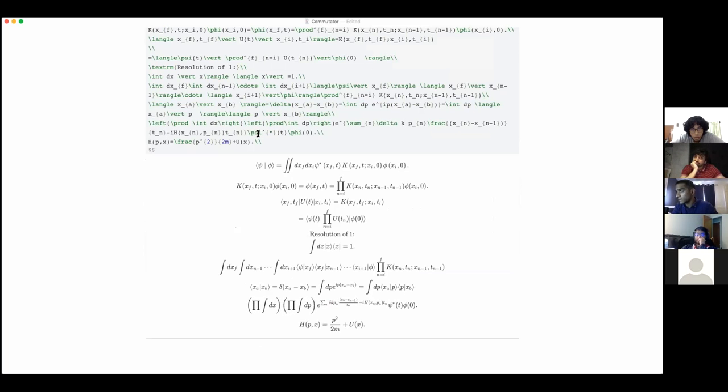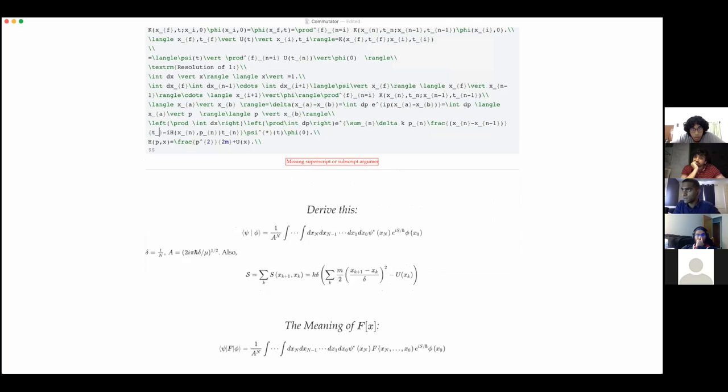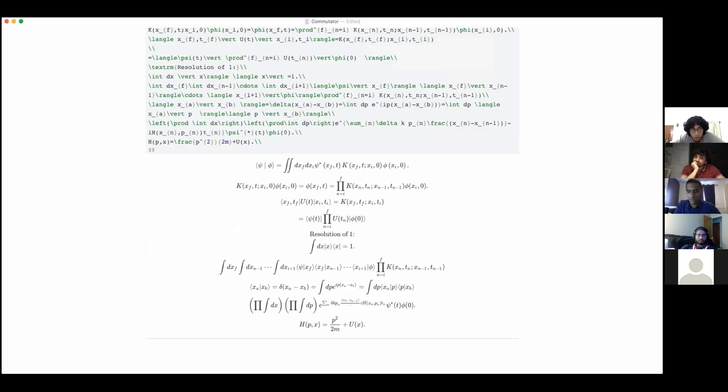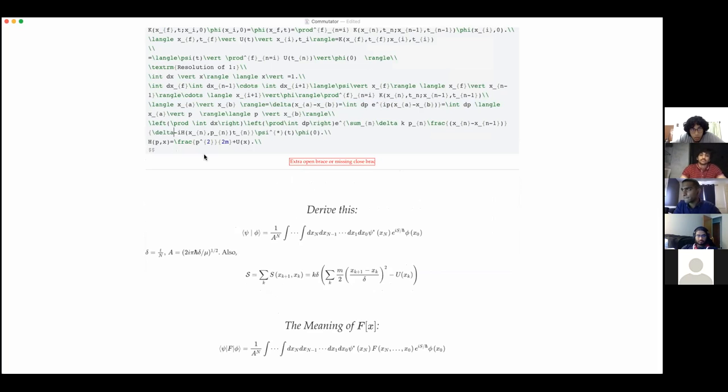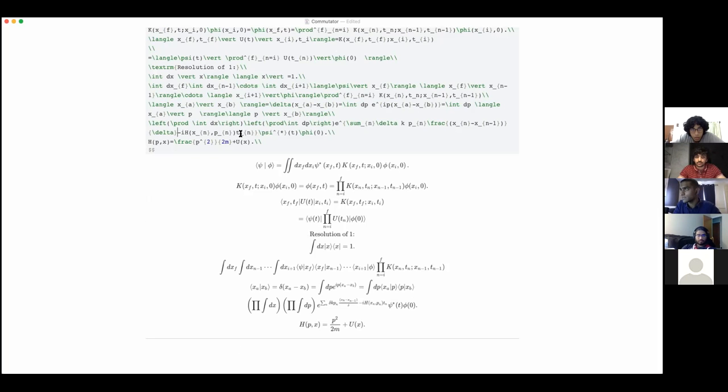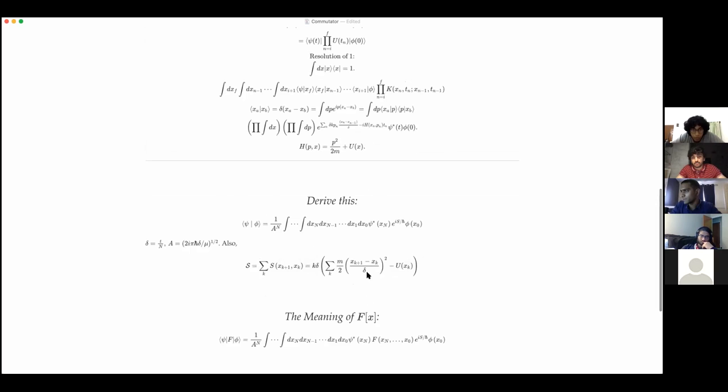And Tn is just k times delta, right? So basically you'll have to move things around, do the integral, get the deltas in the denominator, reshuffle and you'll get an expression like this.